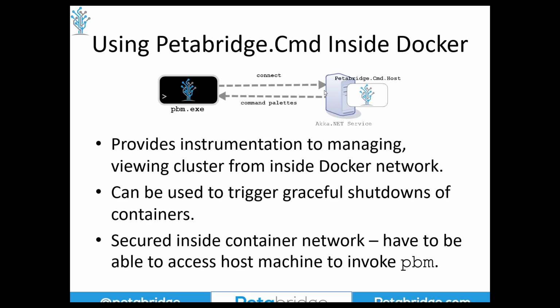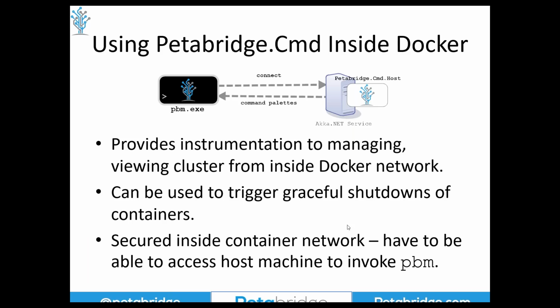If you embed the .NET Core global tool for Petabridge.Cmd inside your Docker containers, it allows you to manipulate or inspect the shape of the cluster from inside the network. So you can secure access to the host machine and invoke PBM. It gives you a secure way of managing your cluster without having to expose the Petabridge.Cmd host to the outside.